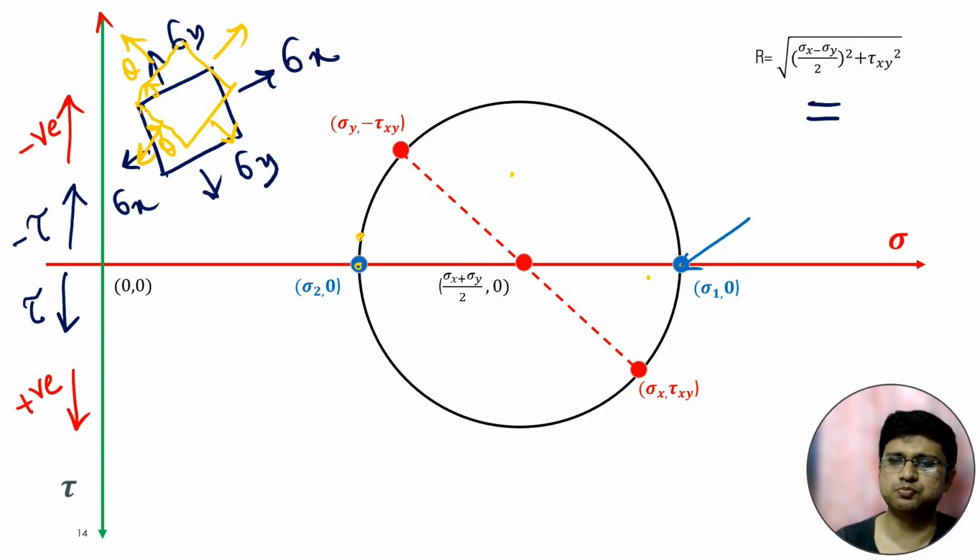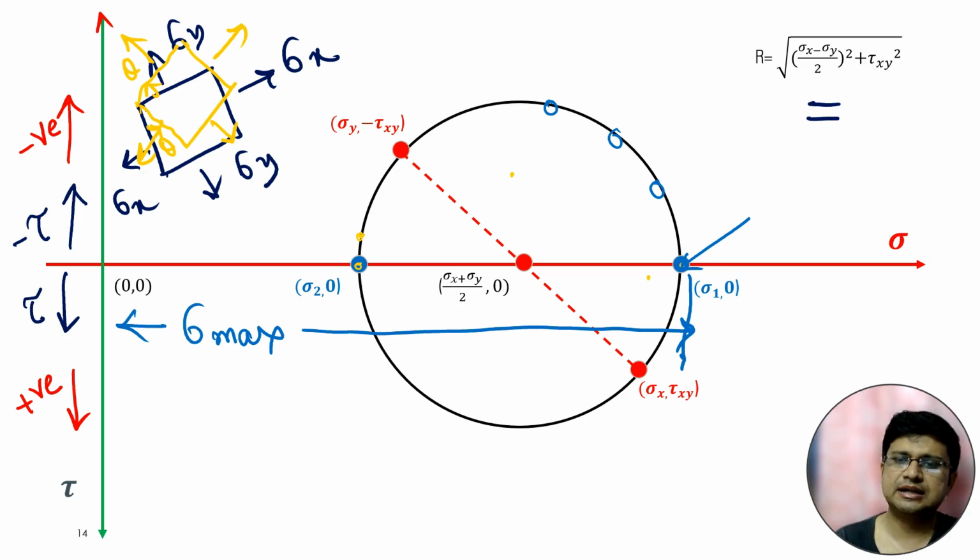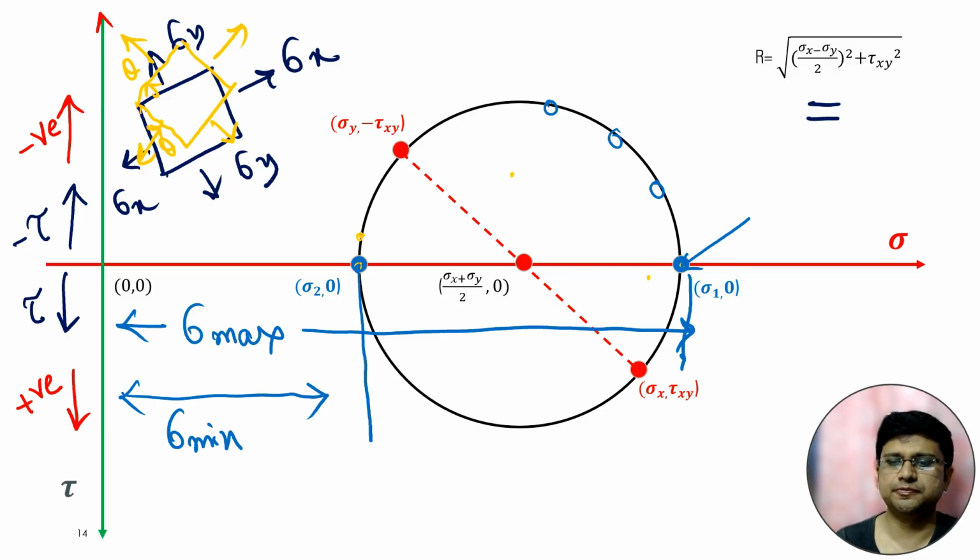This point is the rightmost point, so for it sigma is maximum, and for no other point can sigma be more than this. And for no other point can sigma be less than this point, which will be sigma min. So this is sigma max, this is sigma min, and for both these 2 points, tau is 0.